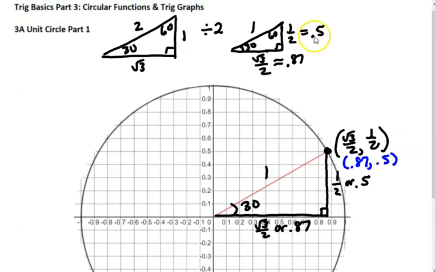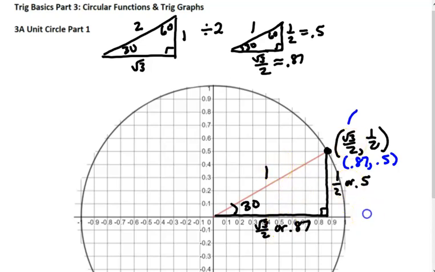And recall also from our previous conversation about the unit circle that the nice thing about a unit circle is that if the radius, which would be the hypotenuse, is equal to 1, then when I do opposite over hypotenuse or adjacent over hypotenuse, I'm just dividing by 1. So the sine value of 30 degrees is 1/2 over 1, which is just 1/2, and the cosine value for 30 is square root of 3 over 2 divided by 1, which is just square root of 3 over 2.